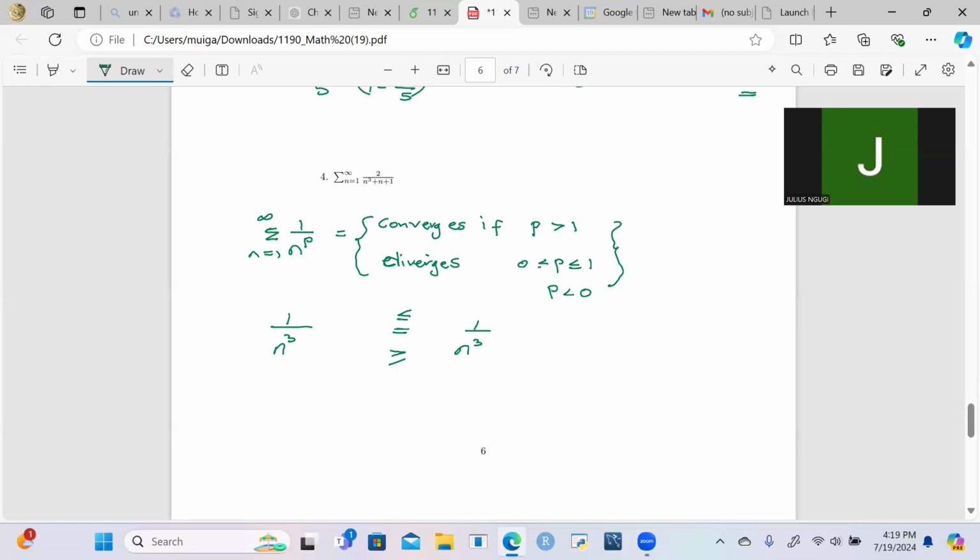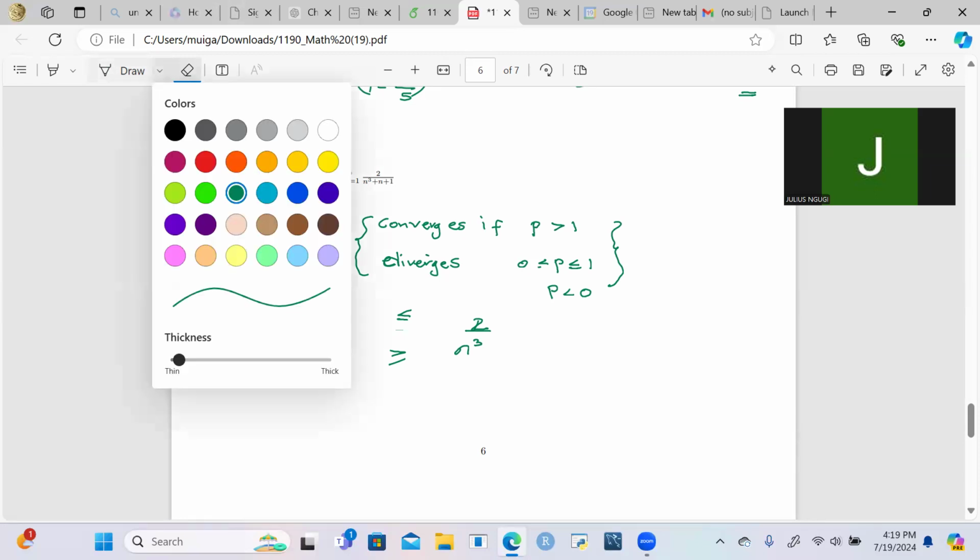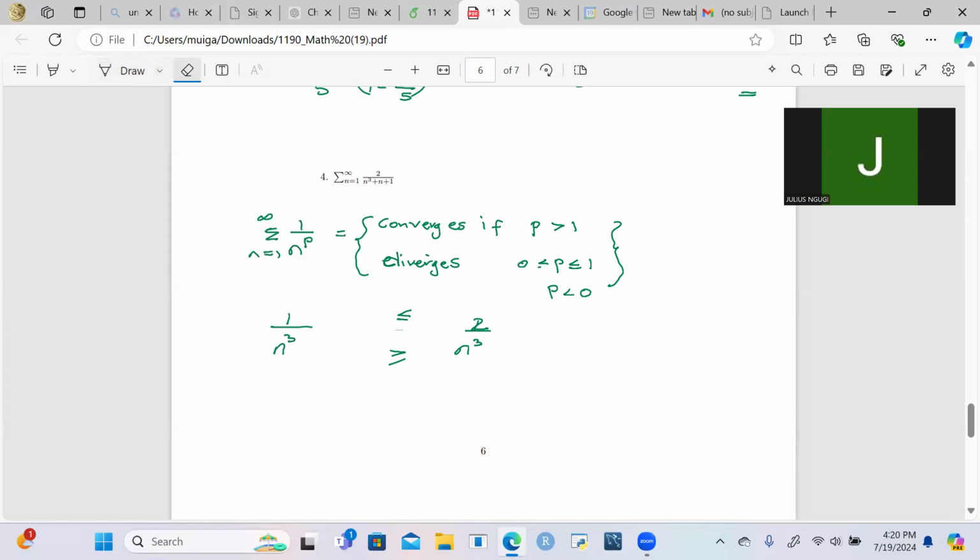If I multiply this side by 2, that means that now I'll no longer be saying it is equal. So I'll remove the equal one. And then I'll ask myself, is it less than or equal to? Because I multiplied in the numerator, that means that now the left-hand side is smaller. So we remove this one.